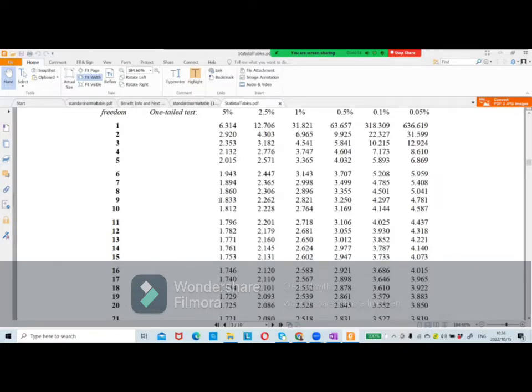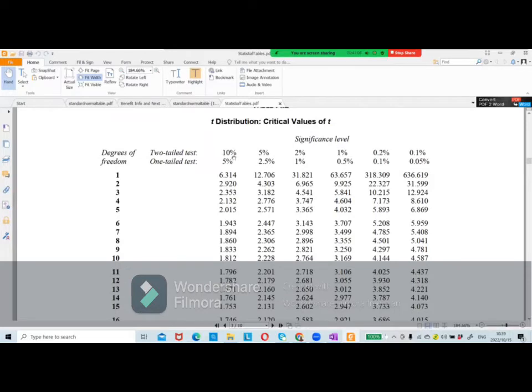Now, our 19 is here. It's a pity I didn't upload it on OneNote. This is 19. Can you see 19? Yes. Now, the level of your alpha is here. They call it significance level. Have you seen it? Yes.